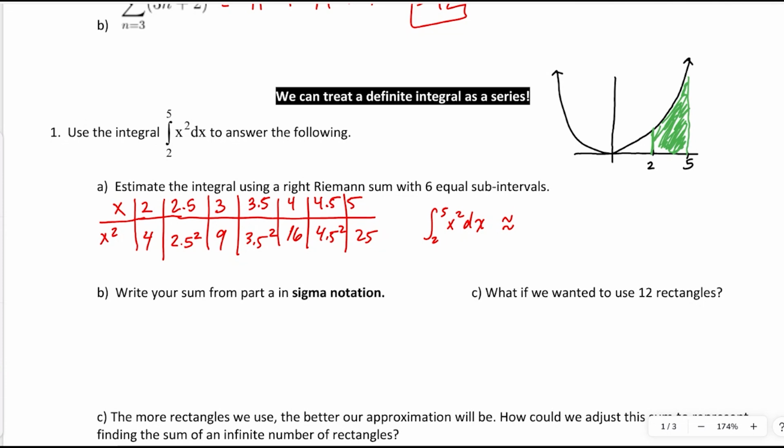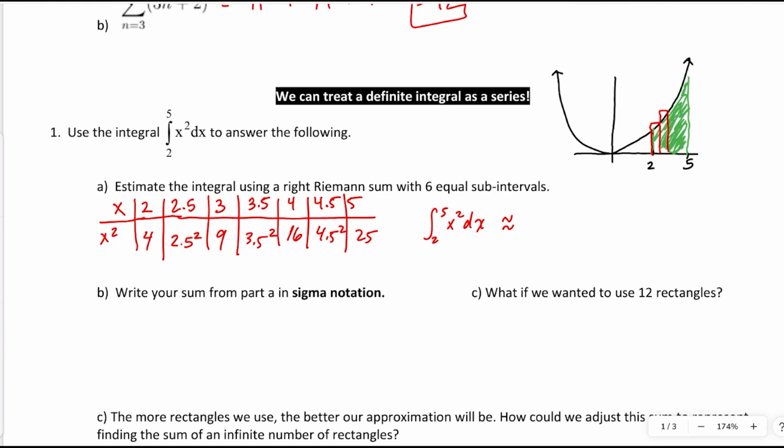We're not just going to add these up, right? Because we're finding the area of rectangles, so we want to be thinking base times height. The base of the rectangle is going to be this half, and the height will be based on the right side of the rectangle.